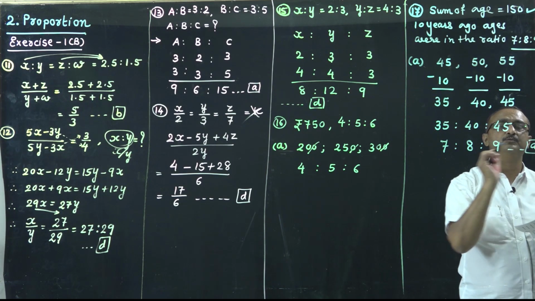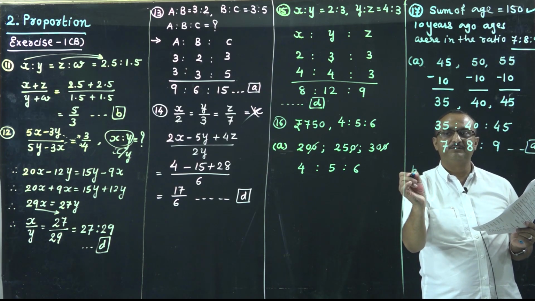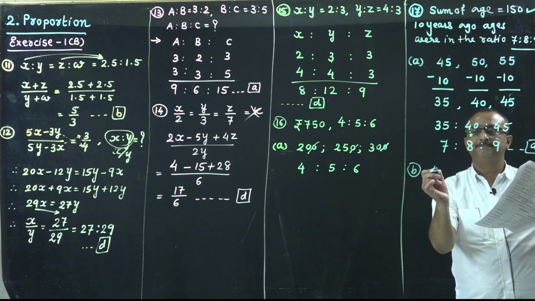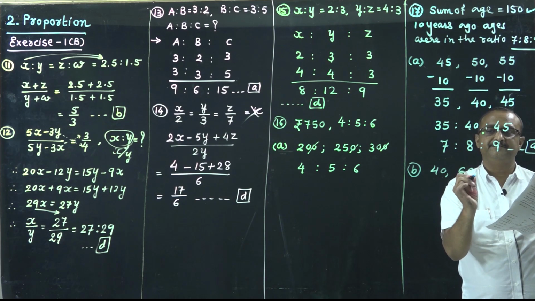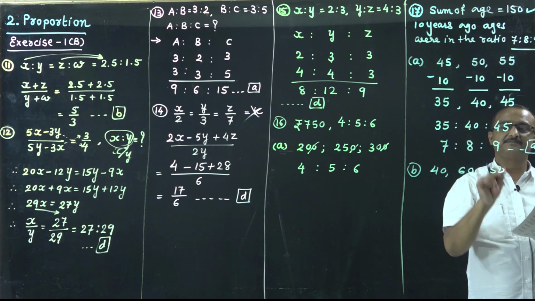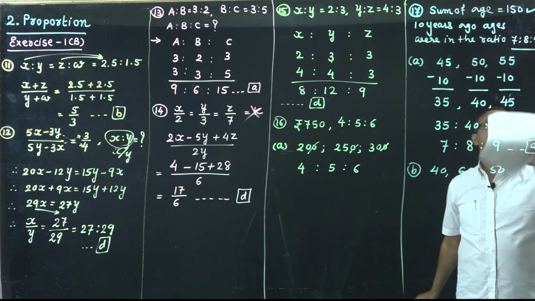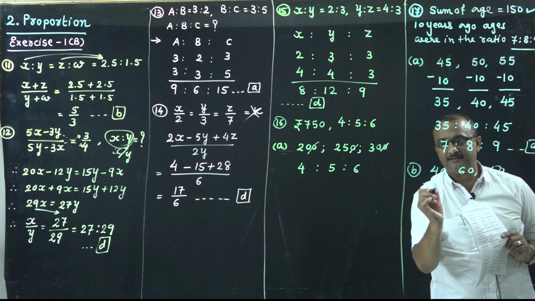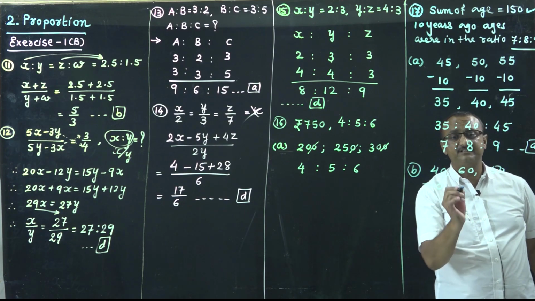Did you understand how it came? Let me show you one wrong calculation. Let's take option B: 40, 60 and 50. 40 plus 60, 100. Plus 50, it is equal to 150. So the first condition is satisfied here. Now the second condition is 10 years ago.